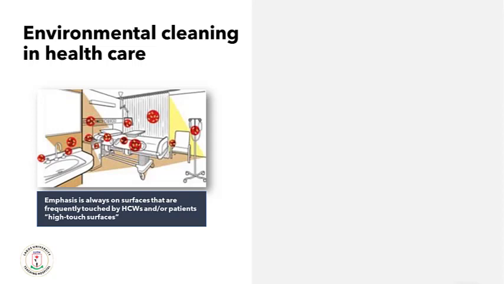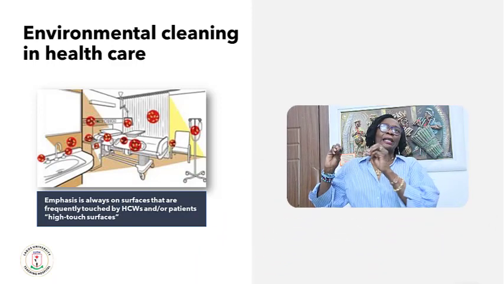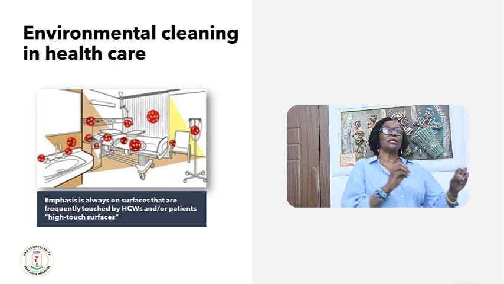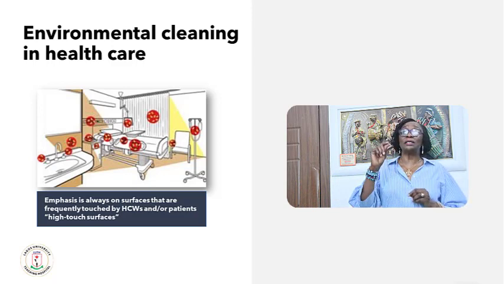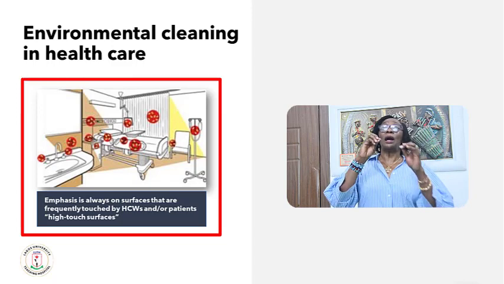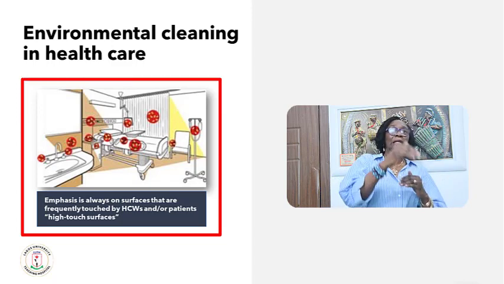What you find in the hospital are areas that are more likely to be contaminated and areas that are not. Those areas that are more likely to be contaminated, and you can see this in this picture, are the areas that require lots of cleaning.